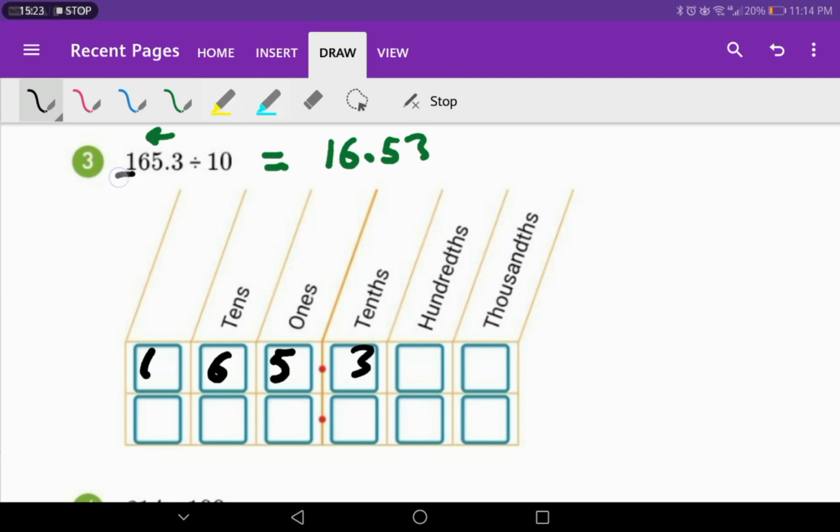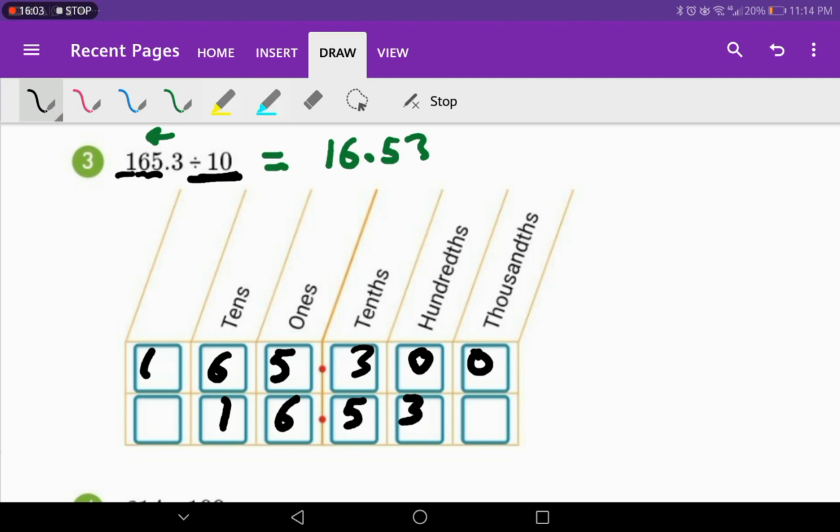Yes, this is tens, and this is ones. You can fill the rest with zeros, you are free. And after we divide by 10, my dear student, the decimal point moves to the left, so one step, so it will be 16 and 53 hundredths.